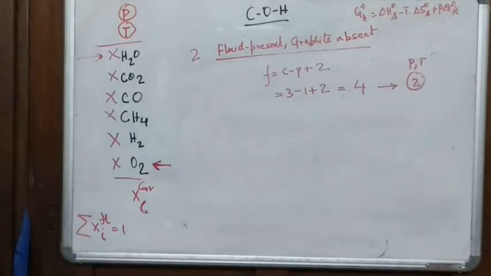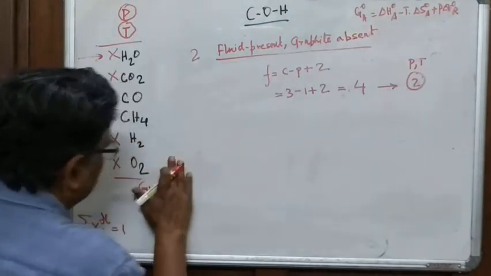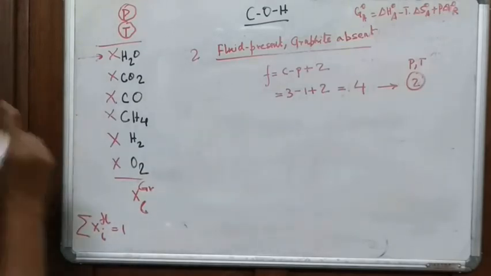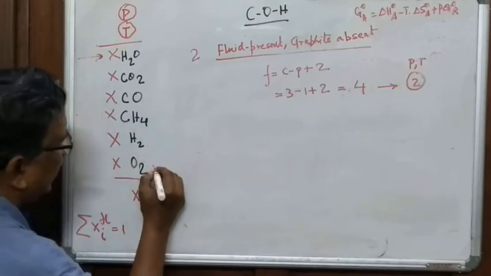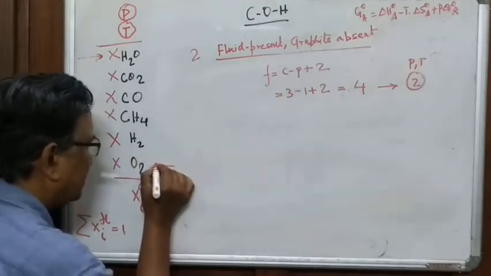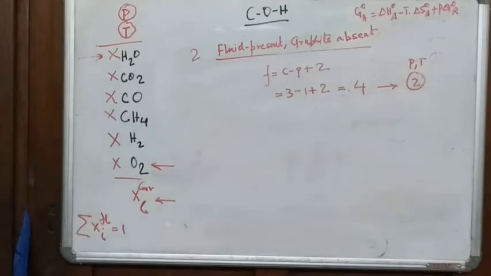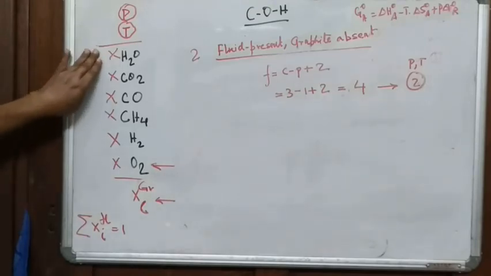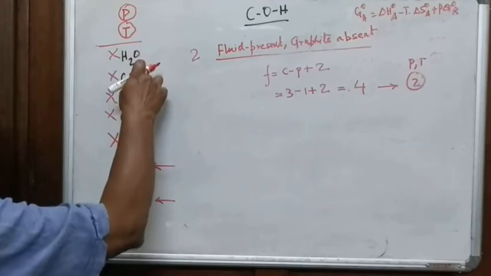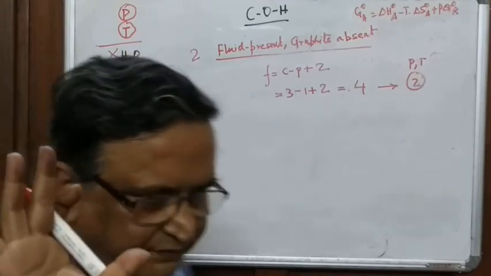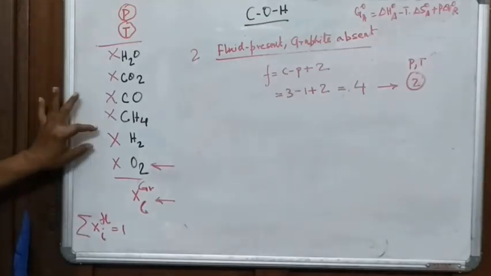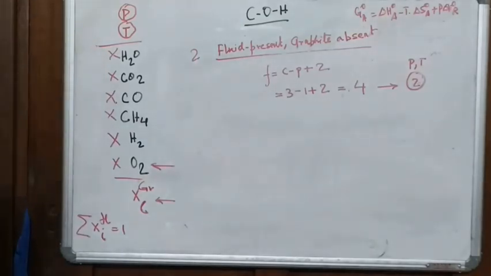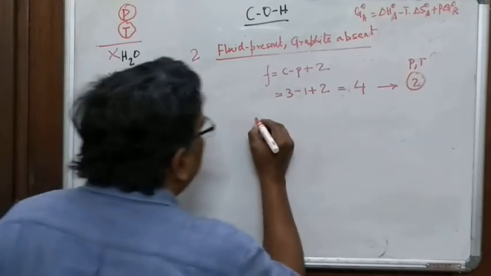So if you input 2 variables, let's say we take this and this, these are the 2 input variables. Then 1, 2, 3, 4, 5 variables are left. How many independent reactions do we have?